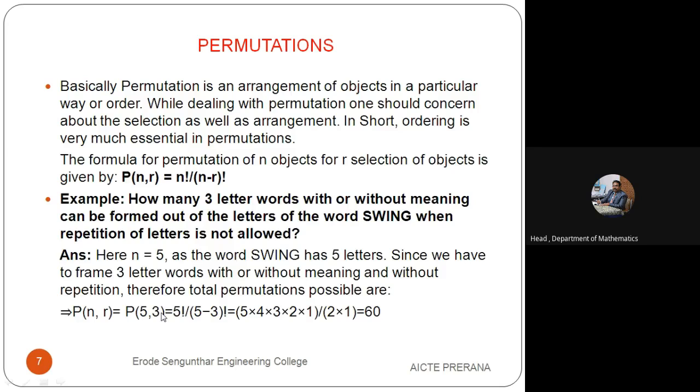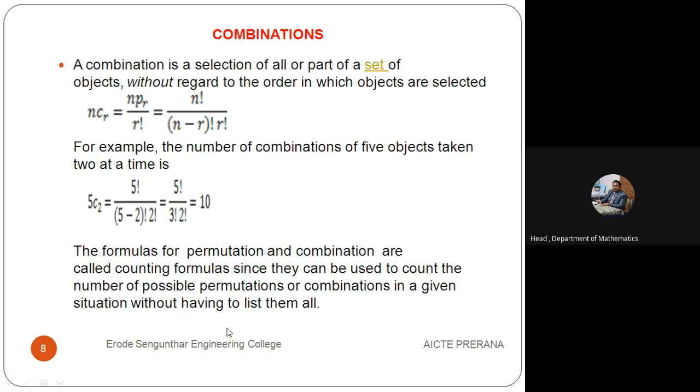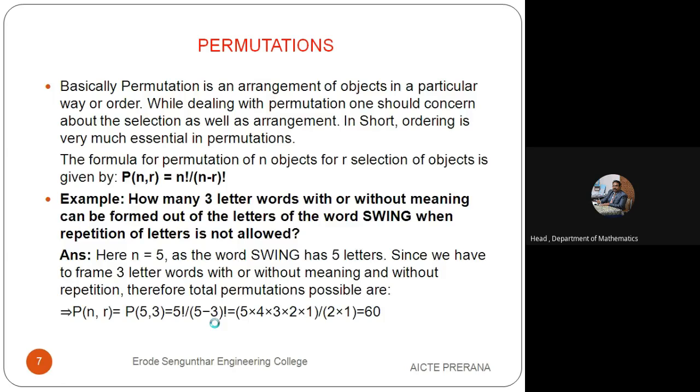That is nPr equal to 5P3, that is n factorial by n minus r factorial, that is 5 factorial by 5 minus 3 factorial, that is 5 factorial by 2 factorial, that is equal to 60. We can form 60 three-letter words with or without meaning from the word SWING. Here the repetition of letters is not allowed.